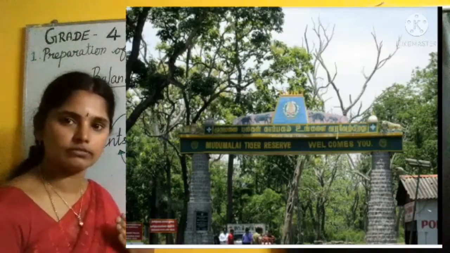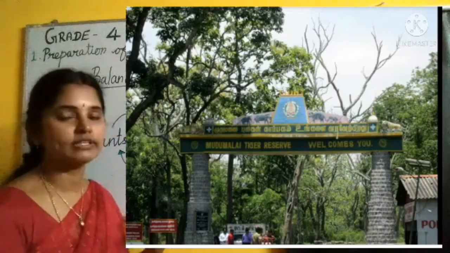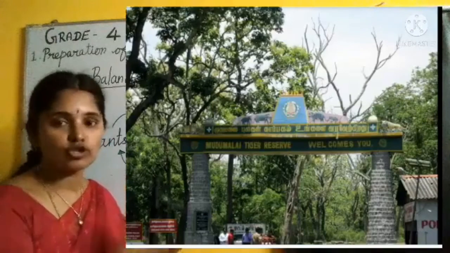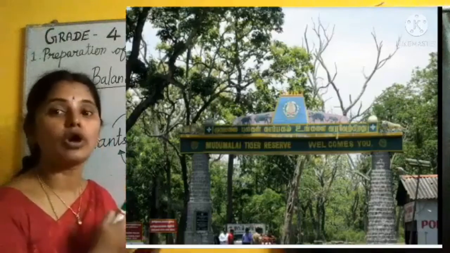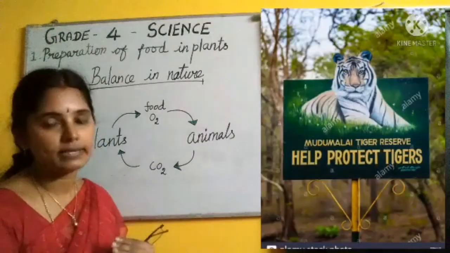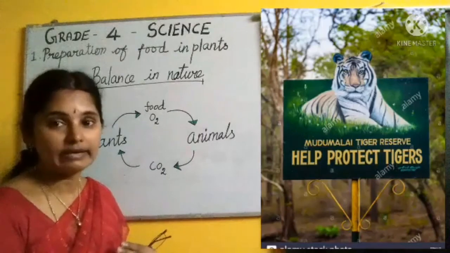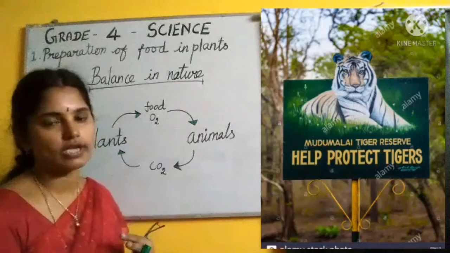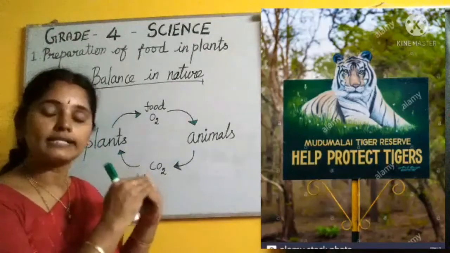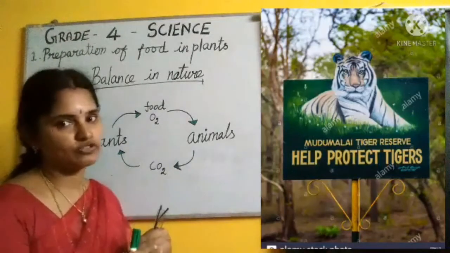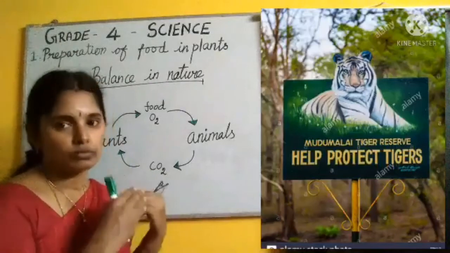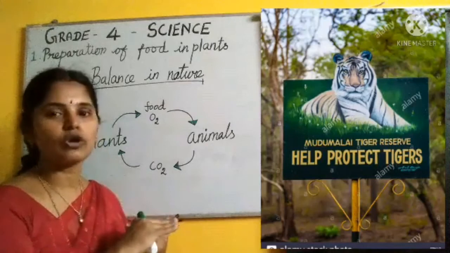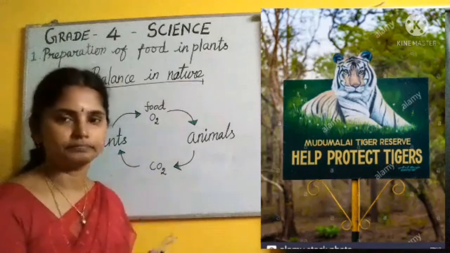Then in Madras, Vandalur Zoo and all, like that. Many sanctuaries are established by the government in order to protect the wild animals. Wild animals, living in the forest. So the government established many wildlife sanctuaries to protect the wild animals. Plants also are being protected there.